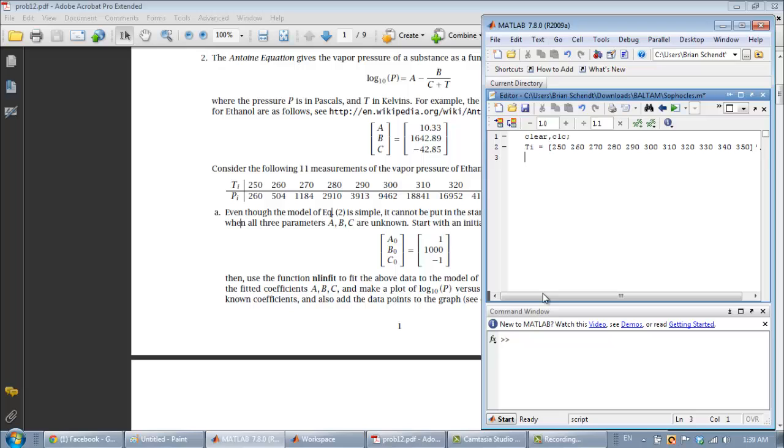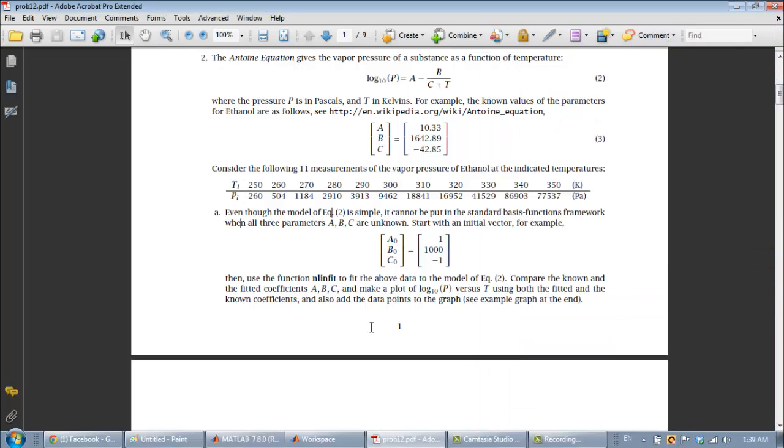And I'm going to put this as a column vector. The pressures 260, 504, 1184, 29110, 3913, 9462, 841, 16, 952. These are pretty big numbers.